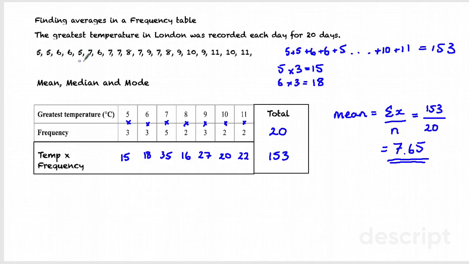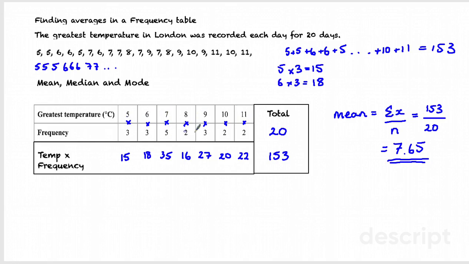Let's consider the median. Well, I can't look for the middle number in this data because the values are not in order. I could start writing them in order. I remember I had 3 5s and then I had 3 6s and then I have to put down, oh well, that's going to go on quite a long time. So again, I'm going to look to my frequency table. The data here is organised in 3 5s and then 3 6s. It's in order.